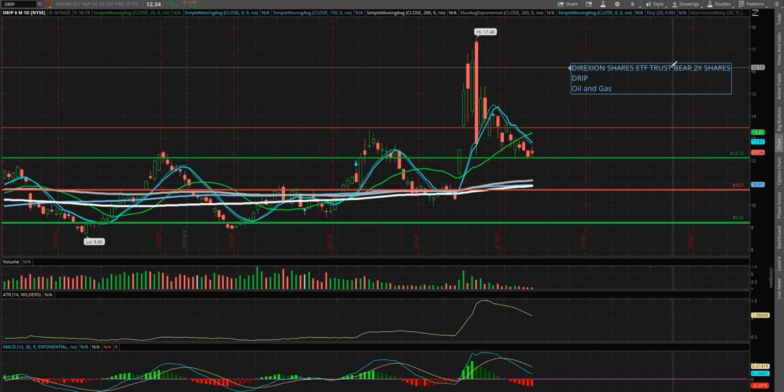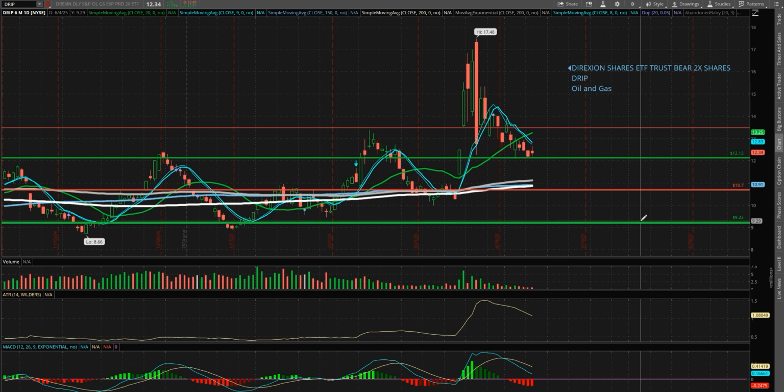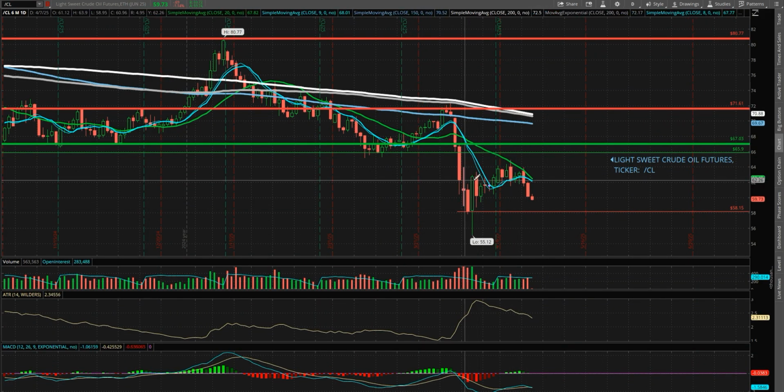Direxion shares, ETF trust, bear, 2x shares, DRIP, oil and gas. So the inverse to the oil trade, or crude oil trade, is DRIP.